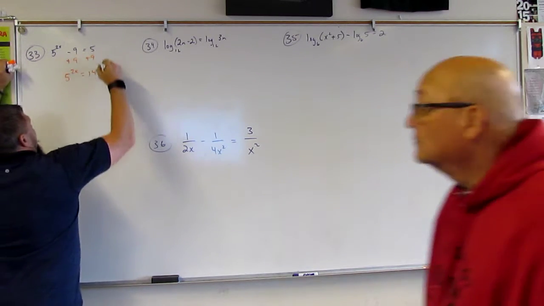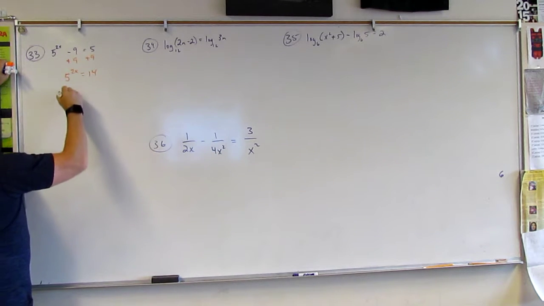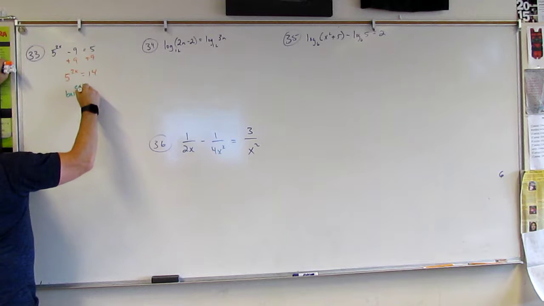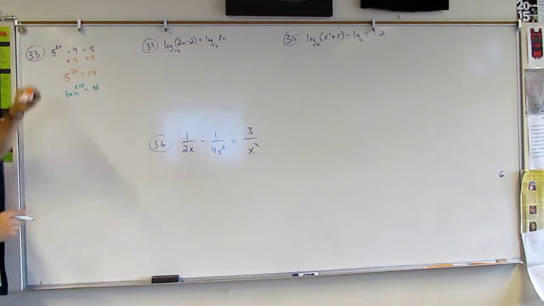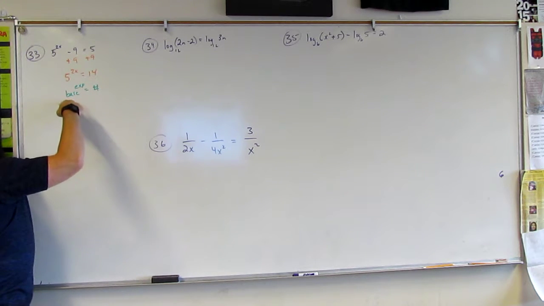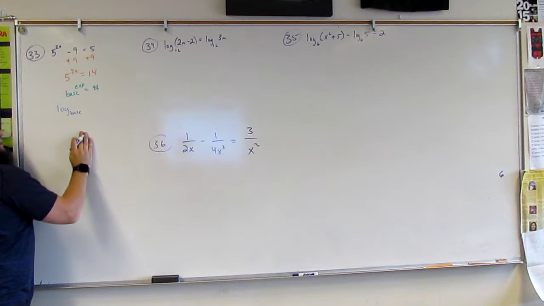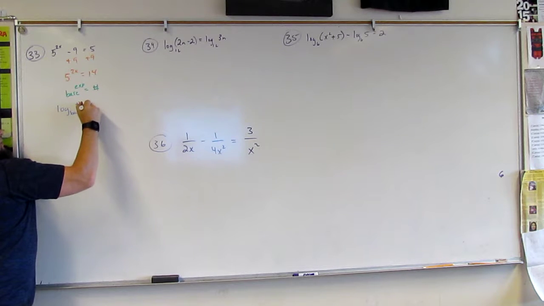Remember, what it's in right now is a base raised to the exponent is equal to a number. What we're going to do is change that so that it's the log of a base, of a number, that equals the exponent.